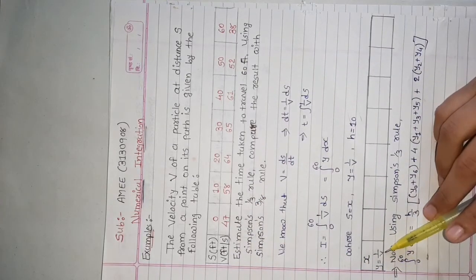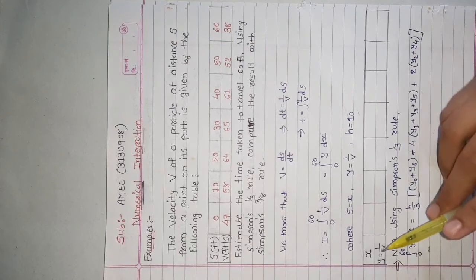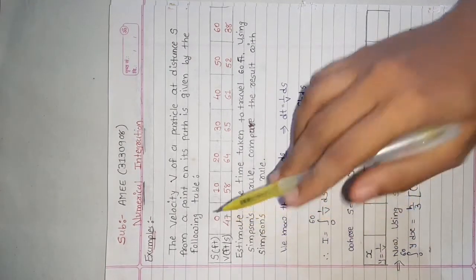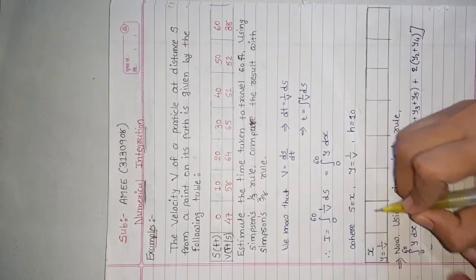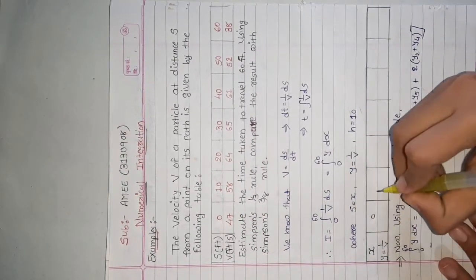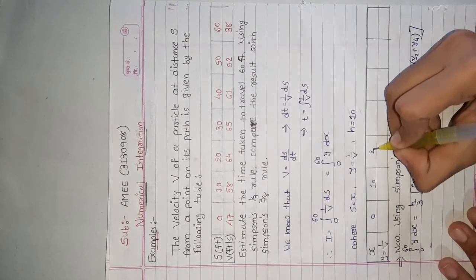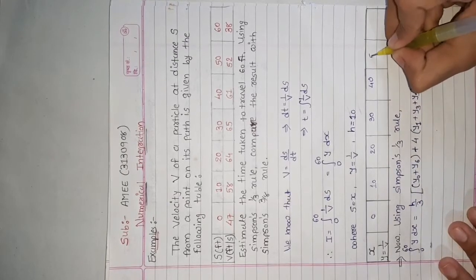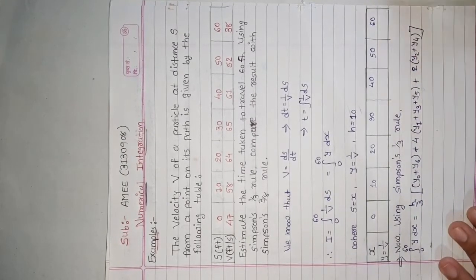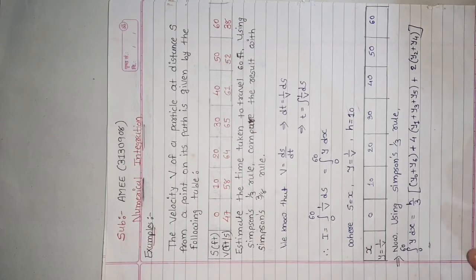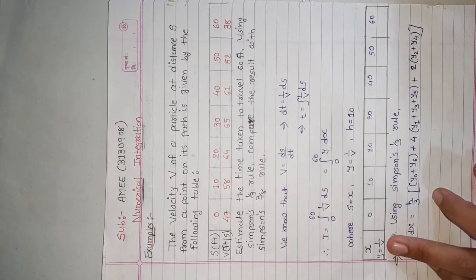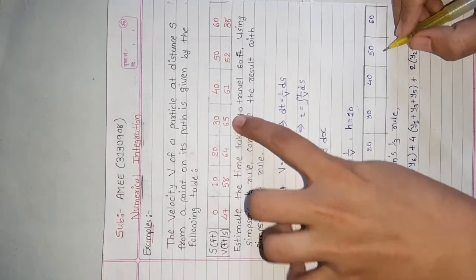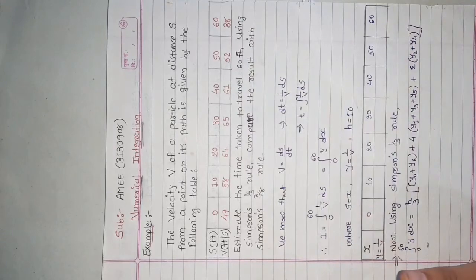So y equals 1 over v, and x remains as it is: 0, 10, 20, 30, 40, 50, 60. Now we find 1 over v for 47, 58, 64, 65, 61, 52 and 38.